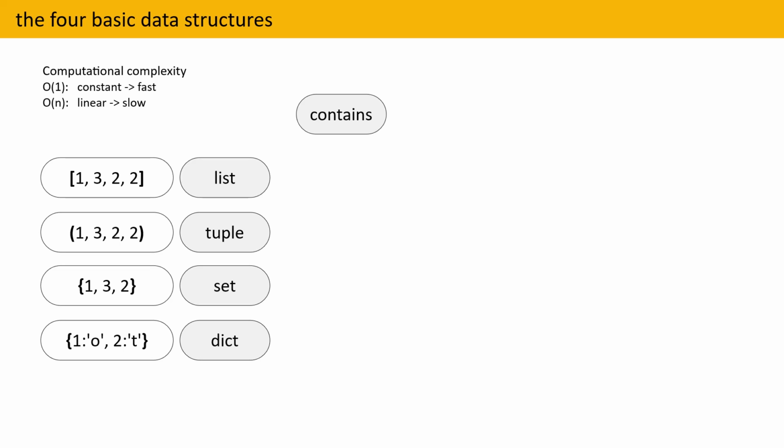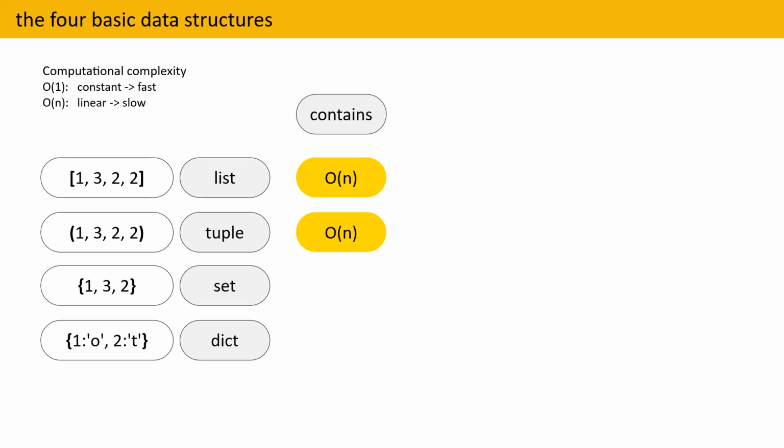A computational complexity of order of n means that there's a linear dependency and the more items are stored, the longer it takes. In the case of a Python list, the computational complexity to check if a value is in the list is of order n. So the longer the list, the longer it takes.